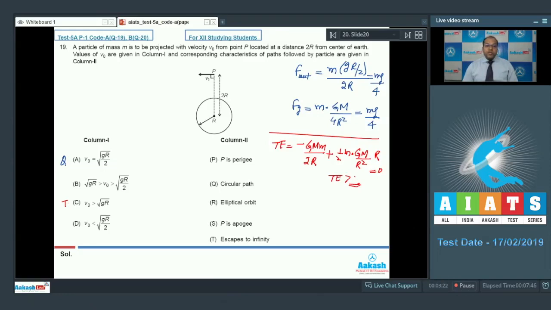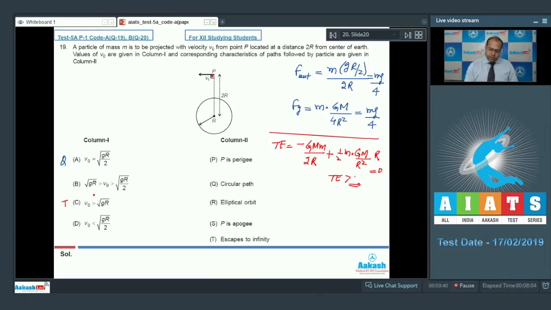Now in option B, V0 is greater than under root GR by 2 but less than under root GR. So it means it follows the elliptical path with point P at the perigee, that is the closest distance from the center of Earth.